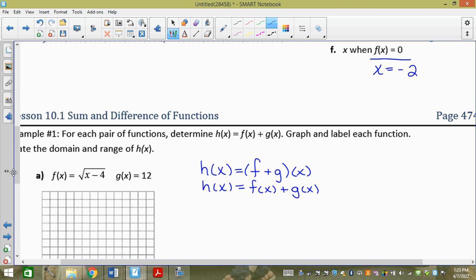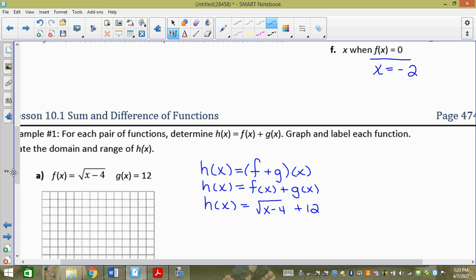Now, our h of x then is going to be f of x, which is root x minus 4, plus g of x, which is 12. That's actually a radical function, isn't it? What's the rule about radicals? How do I figure out their domain? What can't be under a square root sign? Negative. So remember how I found the domain?